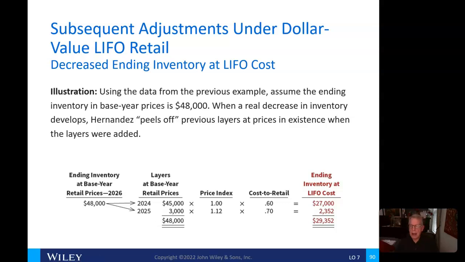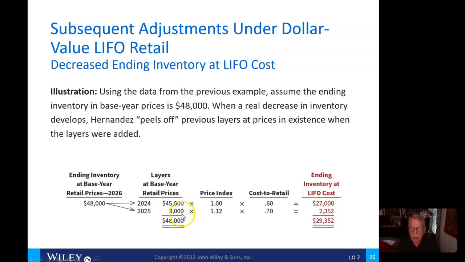Okay, now if we take a look at decreased ending inventory at LIFO cost, so using the data from the previous example, we assume the ending inventory at base year prices is 48,000. When a real decrease in inventory develops, Hernandez peels off the previous layers at prices in existence when the layers were added.